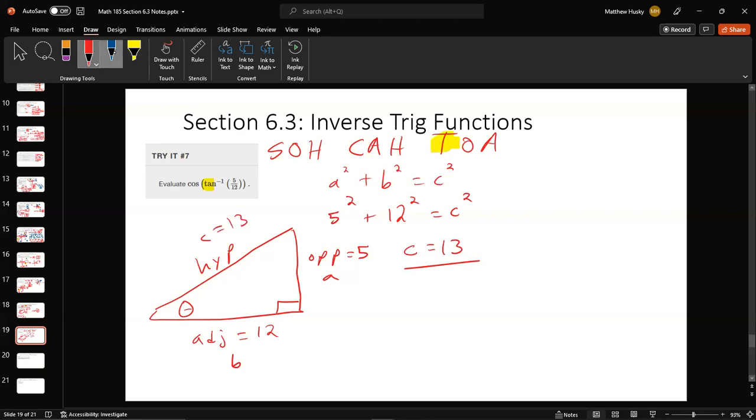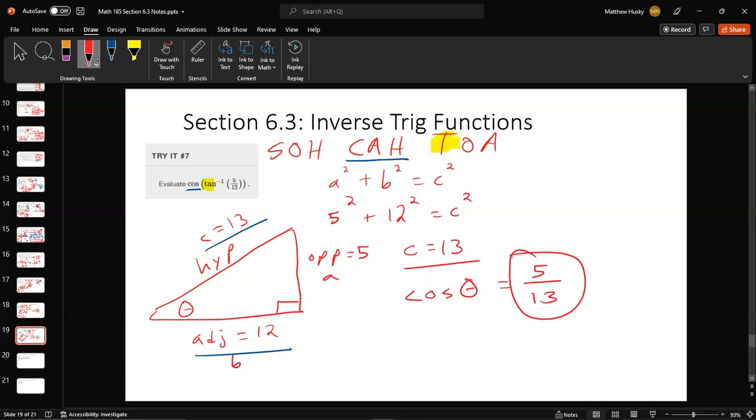So then if your goal is to figure out cosine, cosine is the adjacent over the hypotenuse, which means that the cosine of theta, the adjacent is 12, the hypotenuse is 13. So 12/13. That is the solution to that particular problem.